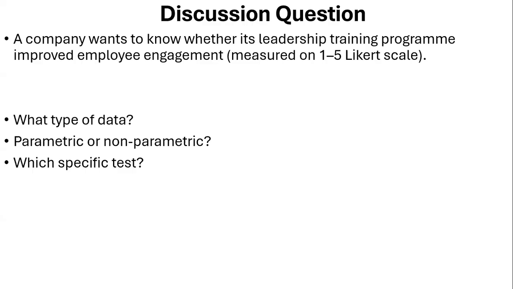And so you can now move away from running a non-parametric test to a parametric test. But if you are using a global or a single item to measure leadership training program, employee engagement, then under such circumstance, you have no other opportunity of converting the ordinal scale to an appreciable one. So you will have to use a non-parametric test.